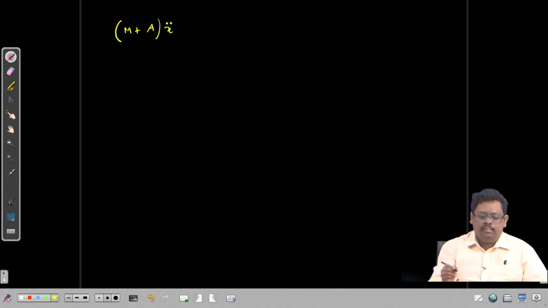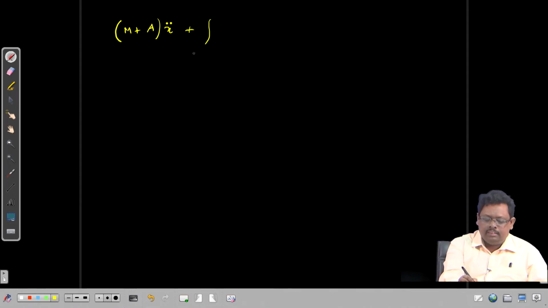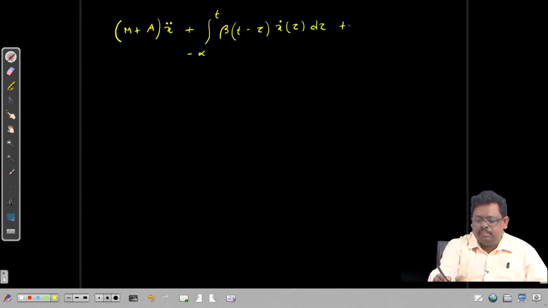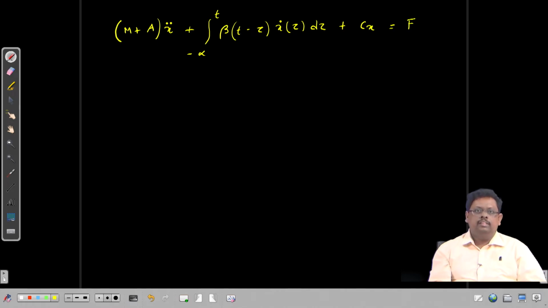It should be (m plus a) into x double dot plus the integral from minus infinity to t of beta (t minus tau) into x dot tau d tau, plus C x is equal to the external force F. So, this is what we got.